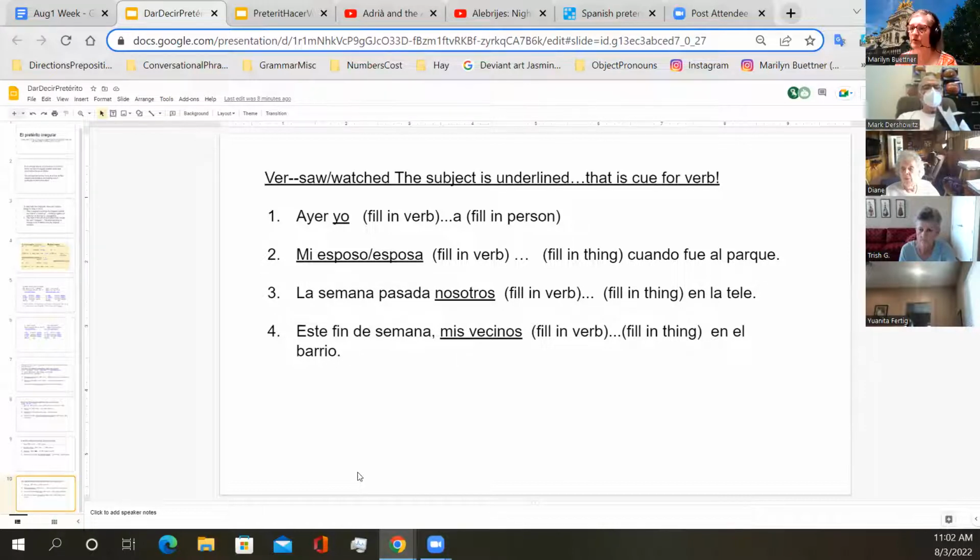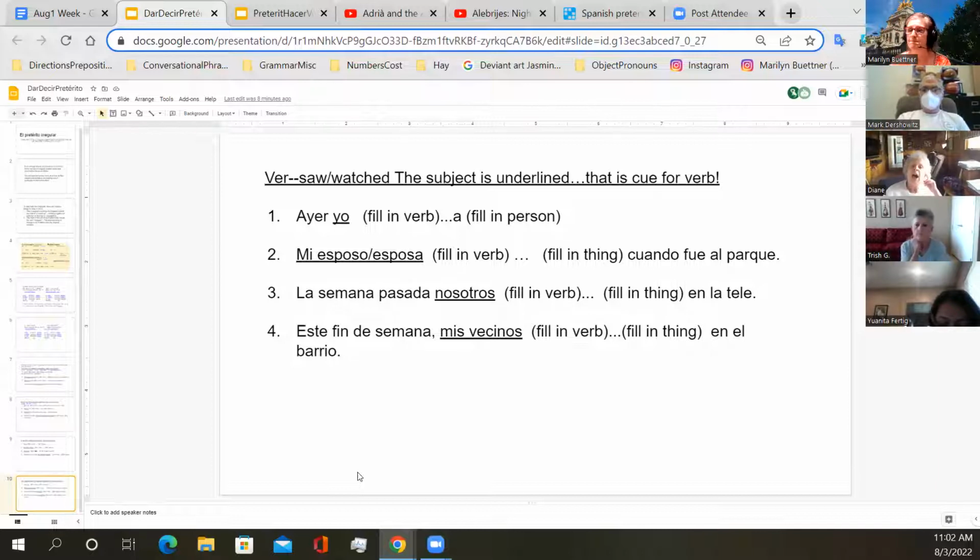I saw a roadrunner yesterday. But if I say a human being, I need a little a. Vi a mi vecina. Bien. Otro ejemplo. Another example there for vi, I saw.